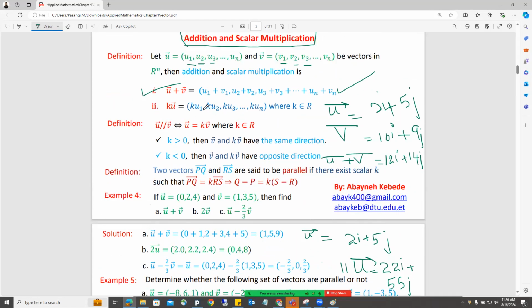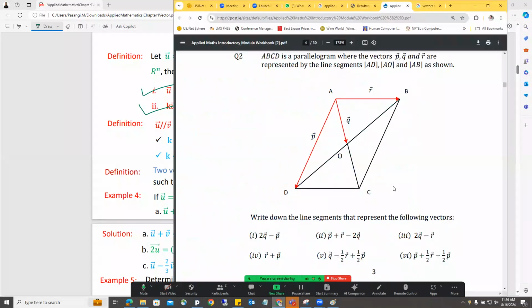So that's what they have mentioned here. We need to multiply this k with each and every component of this vector. That's how we handle these two. Is it clear up to this point? Yes. Okay. That's great.